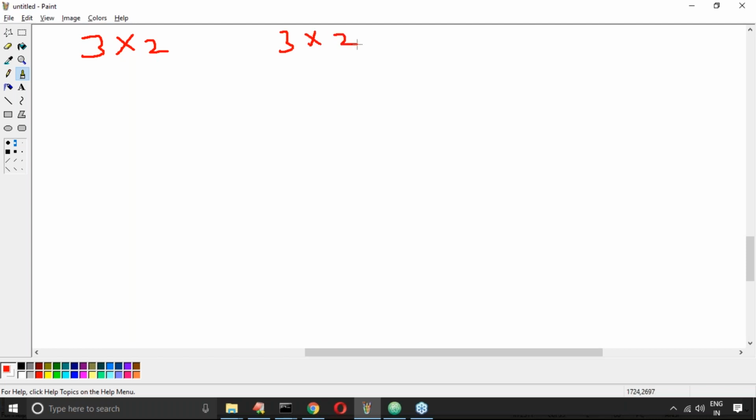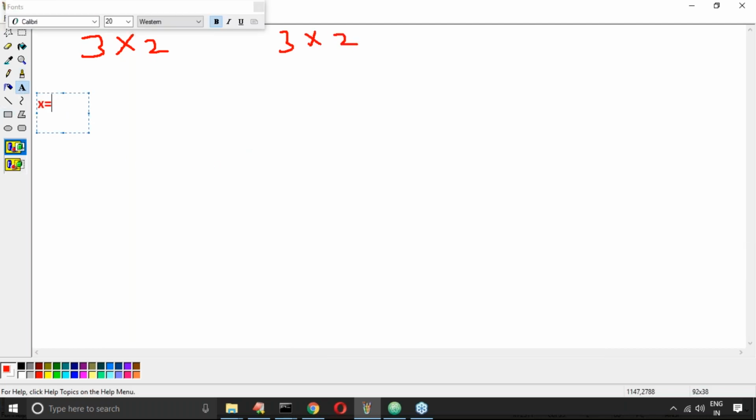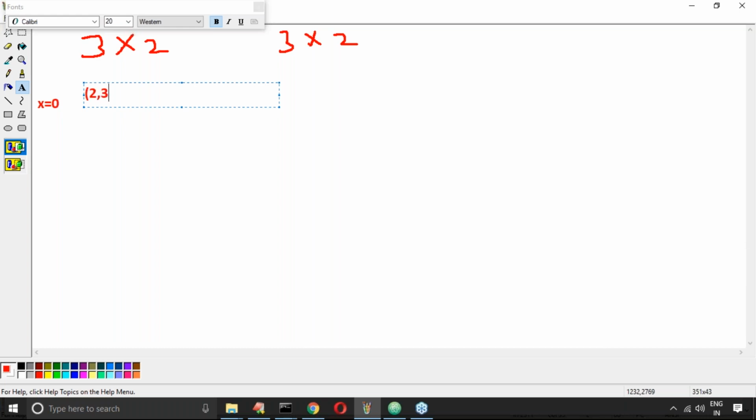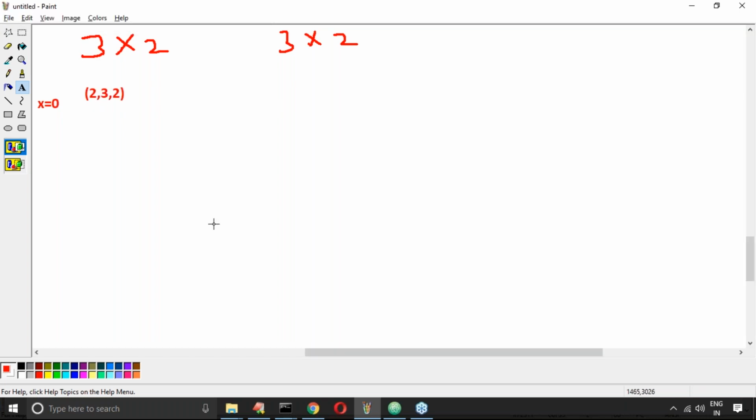Now, axis 0 means we are going to get 2, comma 3, comma 2. Correct, right? Axis 0 means 2, comma 3, comma 2, because each two-dimensional array contains 3 rows and 2 columns.